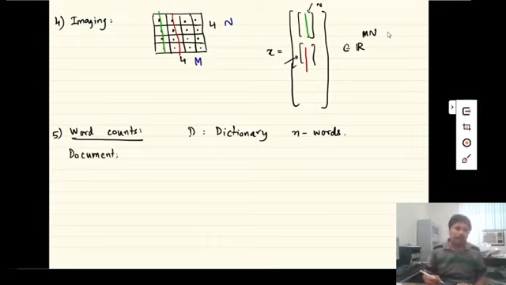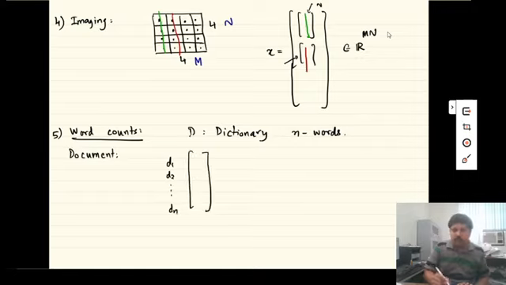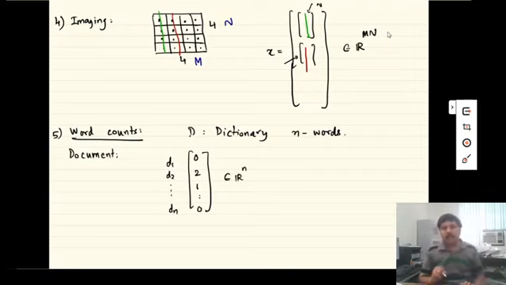I will write down all the words in the dictionary, D1, D2 up to Dn, and count how many times the word D1 of the dictionary appears in the document. So suppose 0, 2, 1, something, 0. This is a vector in Rn, a special vector in Rn. This vector will always have non-negative entries. In the imaging example, the vectors will always have intensity values.